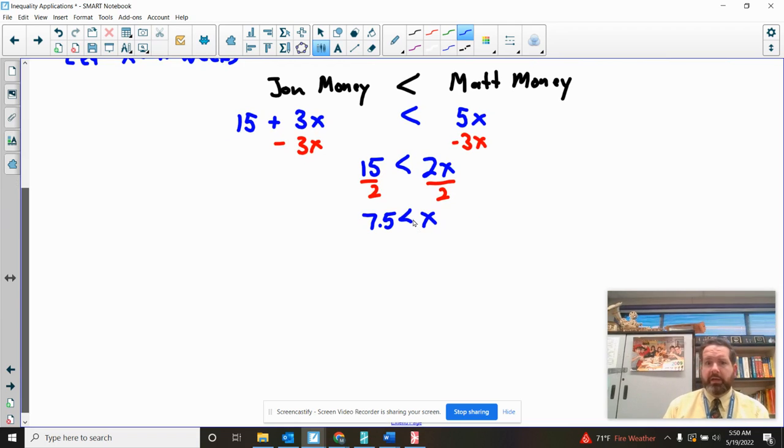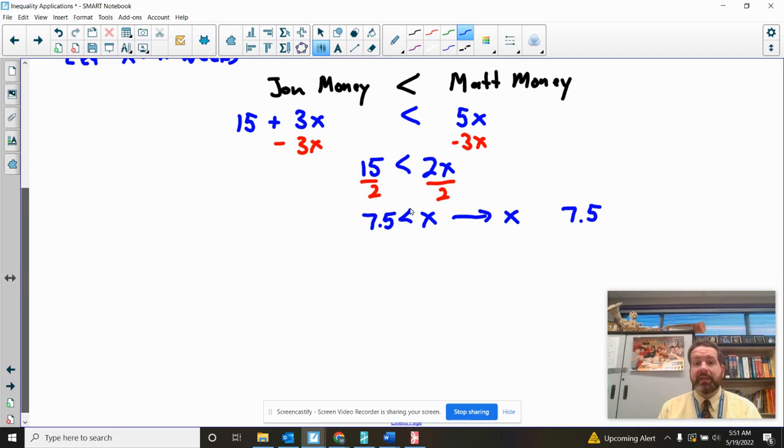Now, here we go. We're typically used to seeing the variable on the left-hand side, right? So let's bear in mind what this means. 7.5 is less than the number of weeks. Just to make it easier to follow, I'm going to change where the x is. We're just accustomed to seeing the x on the left-hand side. So I'm going to switch and put the x on the left. I'm going to put the 7.5 on the right.